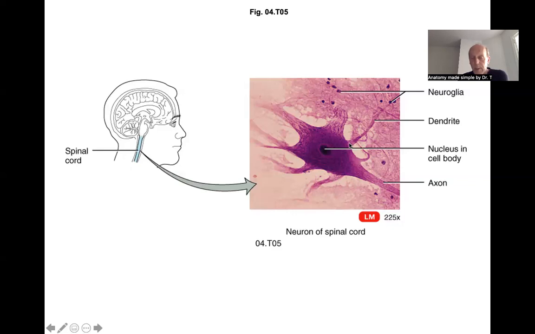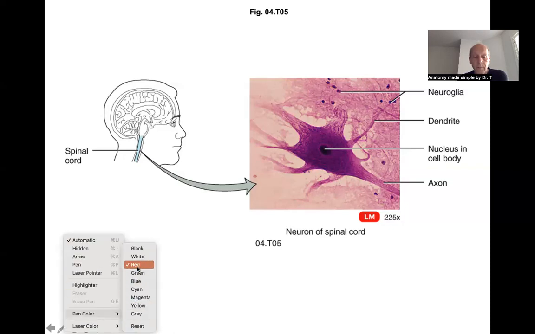Multiple projections seen on this photograph are called dendrites, and dendrites are matched with just one single projection that is called the axon.